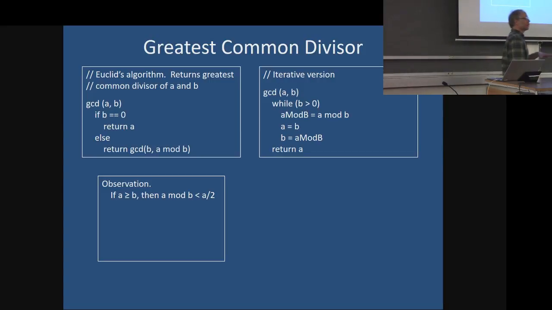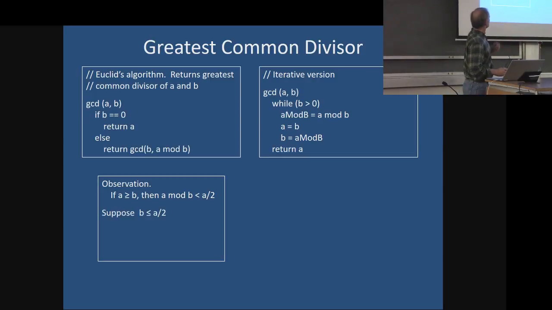Let me break it down this way. Suppose B is tiny. What do you know about A mod B? It's also going to be tiny, right? It's going to be less than B. What if A and B are almost the same? What's A mod B going to be? Tiny. It's going to be their difference, which is going to be small. So here's the idea.